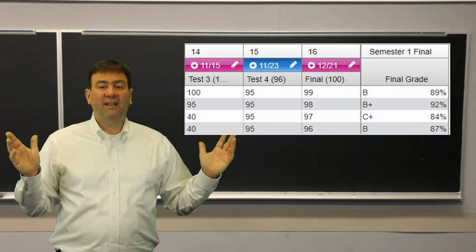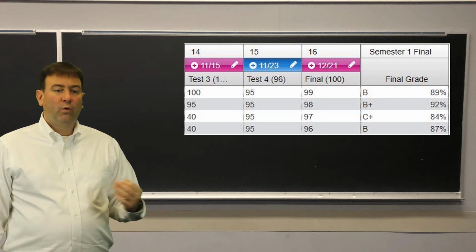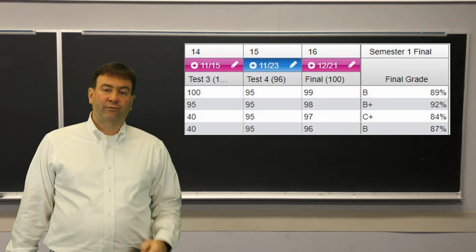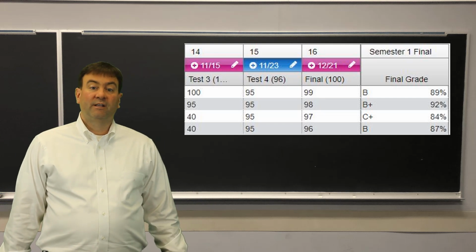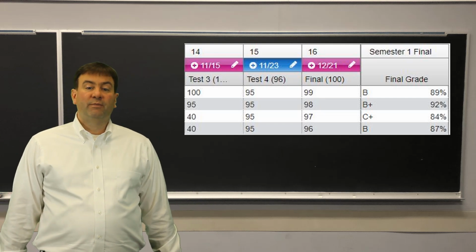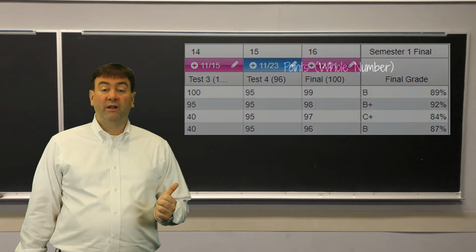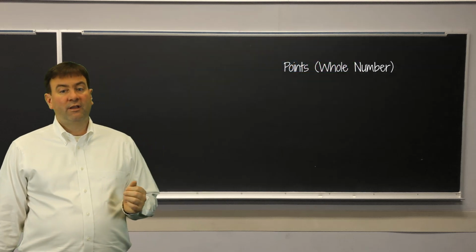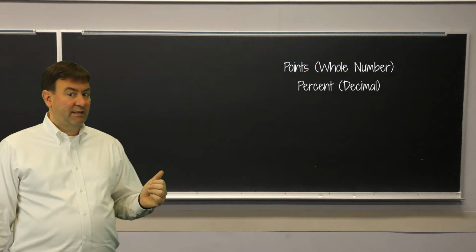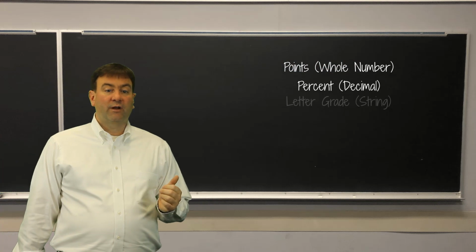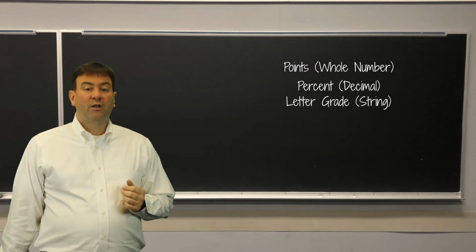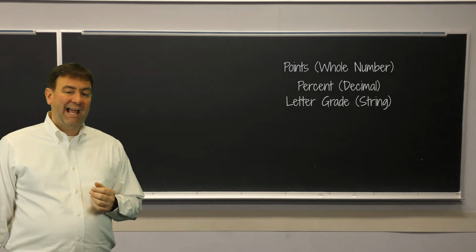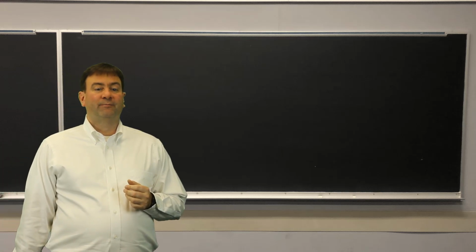That would be insane. What type of variable would you use to store the grade? That's actually a tough question, because you have to determine if you're recording points, which would be a whole number, percent, which would be a decimal, or the letter grade, which would be a string. We'll get to that later when we build Alec his GPA calculator.